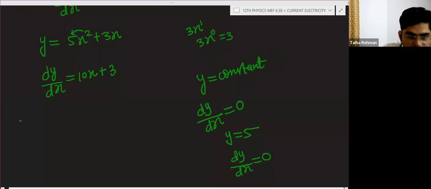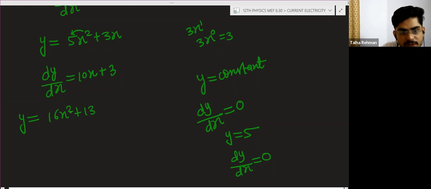Now I am giving you one more question. y is equal to 16x cube plus 13x square plus 9x plus 5. Find the value of dy by dx. Both of you, please.